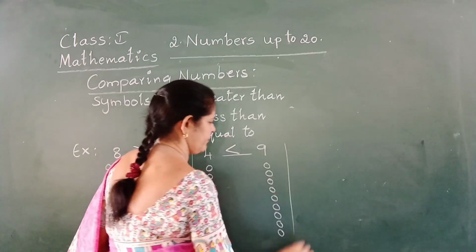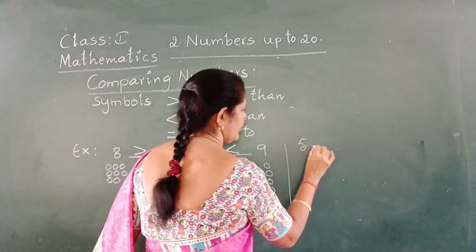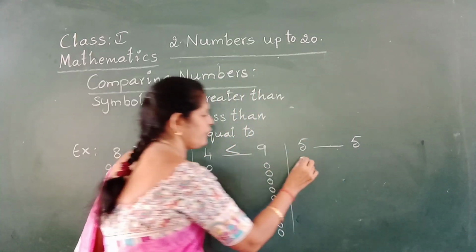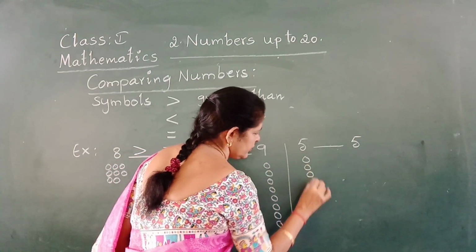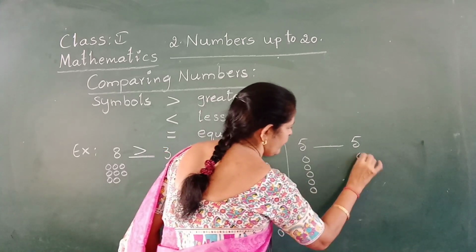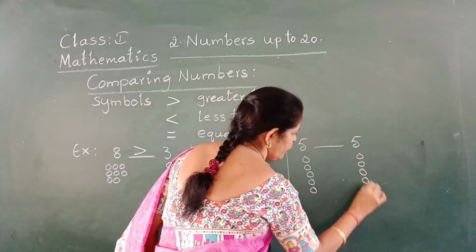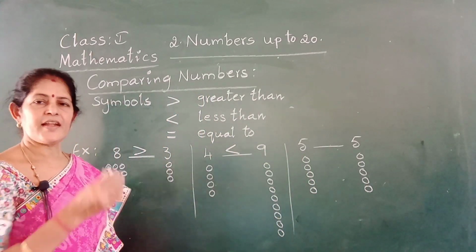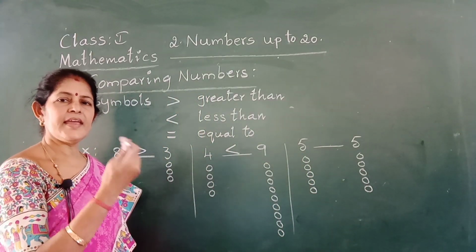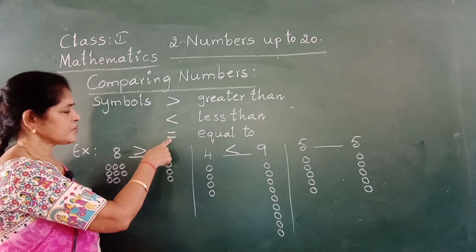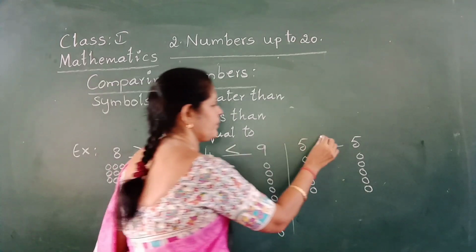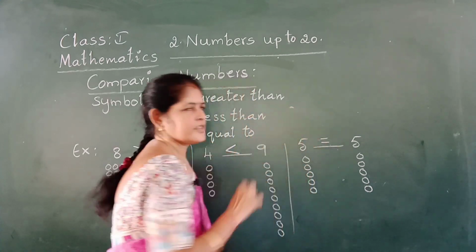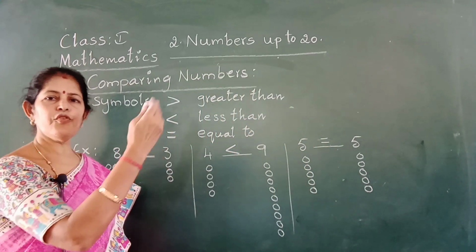Another example. 5 and 5. 1, 2, 3, 4, 5. Both numbers have the same objects. That means both are equal. This is the equal to symbol, put in between these two numbers. 5 equal to 5.